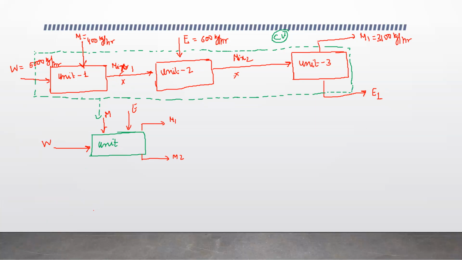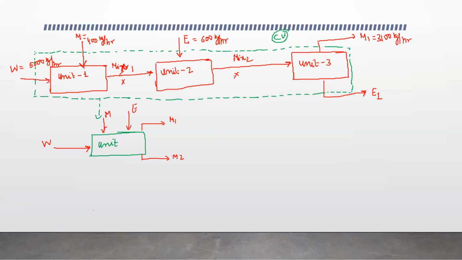It is not a transfer from surroundings to the system. Water is transferred from surroundings to unit 1, methanol from surroundings to unit 1, ethanol from surroundings to unit 2, methanol from unit 3 to surroundings as M1, and ethanol from unit 3 to surroundings. But Mix 1 is transferred from unit 1 to unit 2, and Mix 2 from unit 2 to unit 3. That is why we are not going to take these while making the block diagram for the green unit.